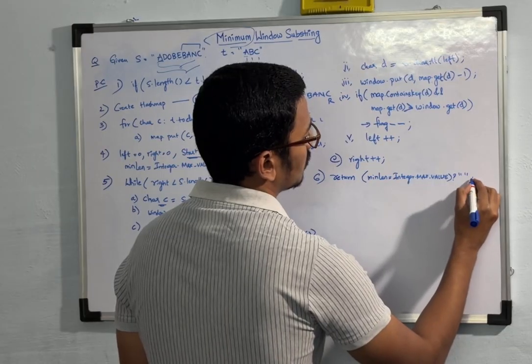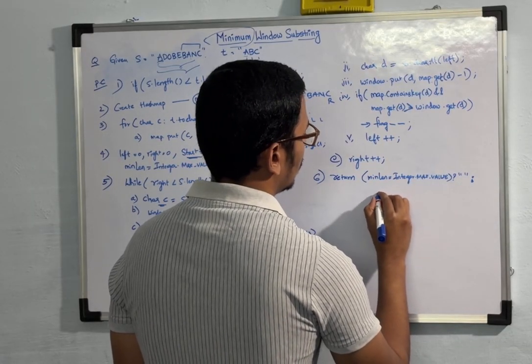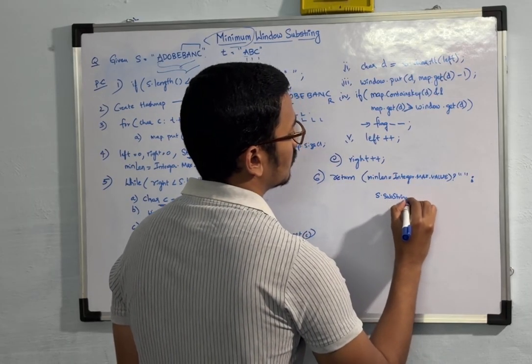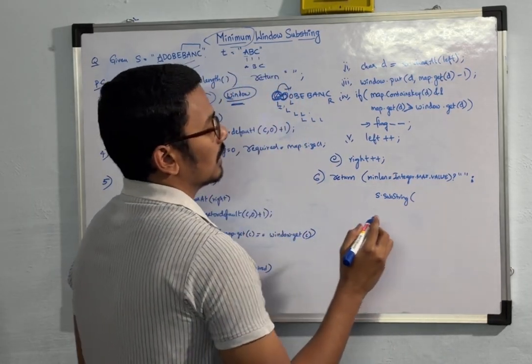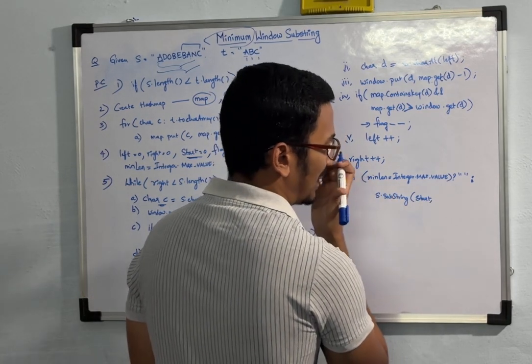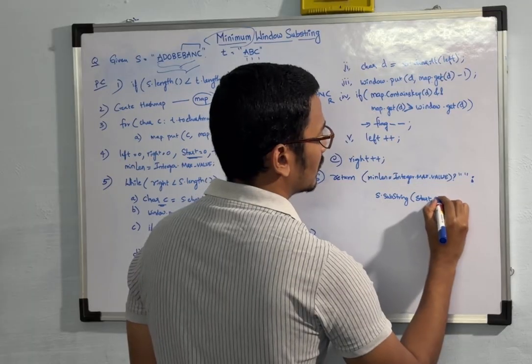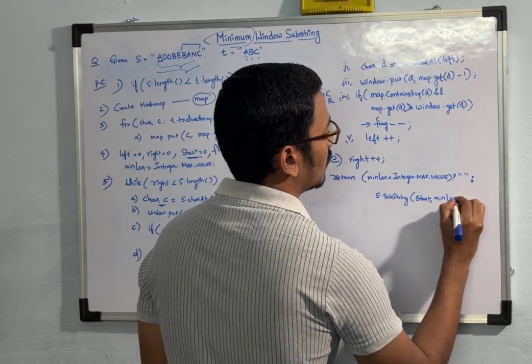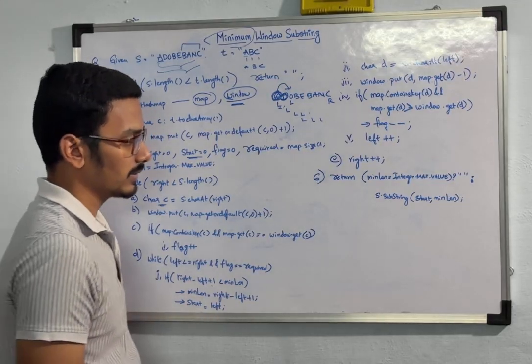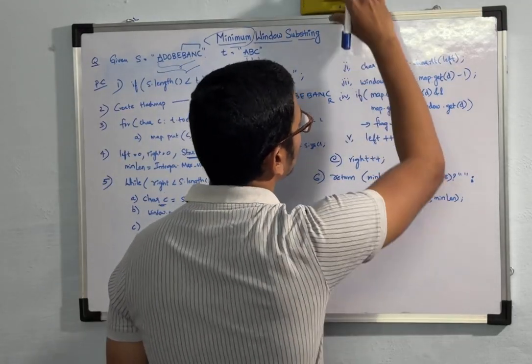Otherwise, I'll return s dot substring of start comma start plus min length.